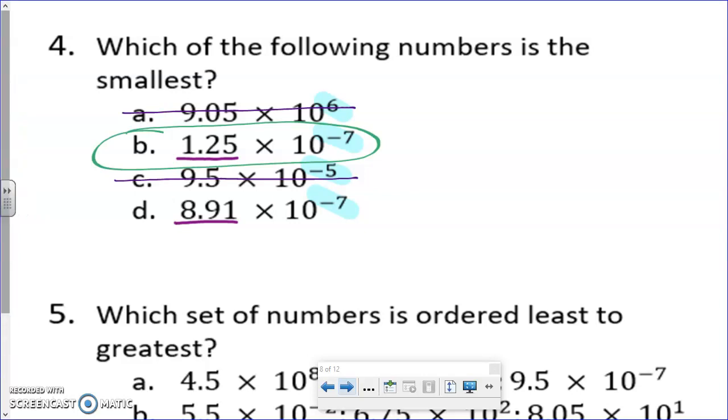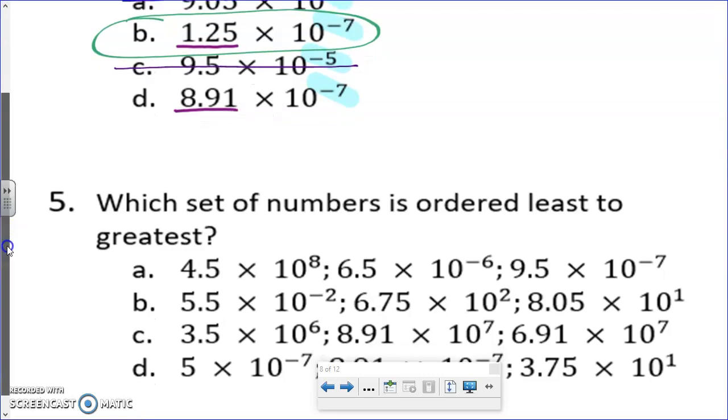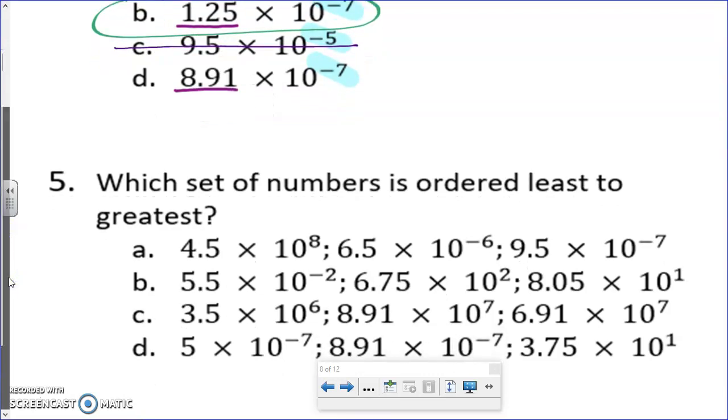So now let's go on and look at number 5. It says which set of numbers is ordered from least to greatest. So again, the first thing you're going to do is look at the exponents. In that case, answer choice A has 8, -6, -7.